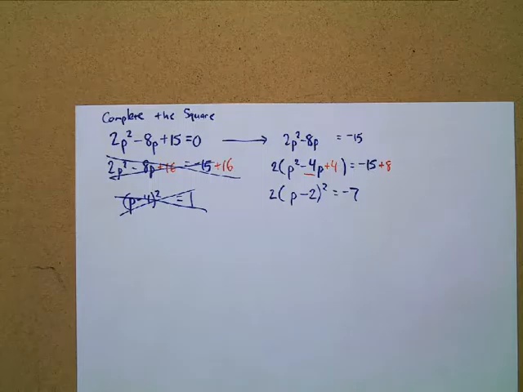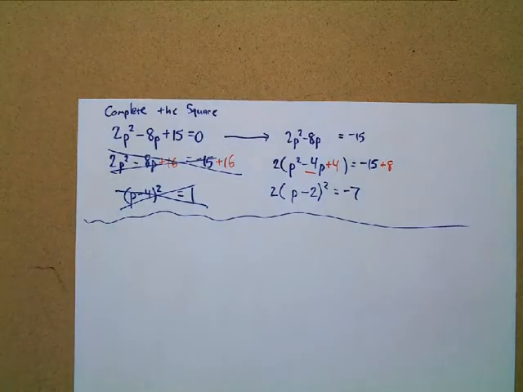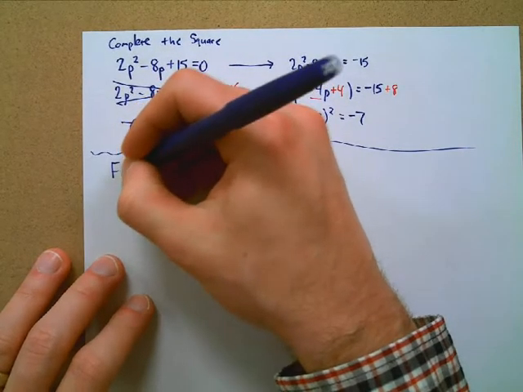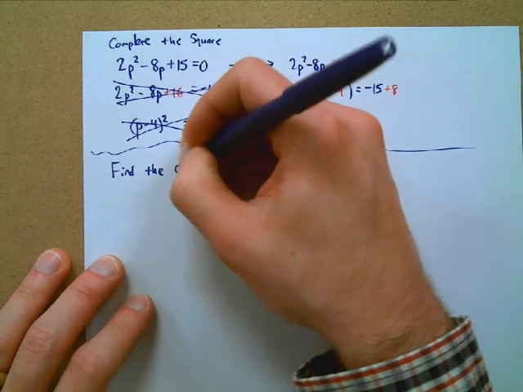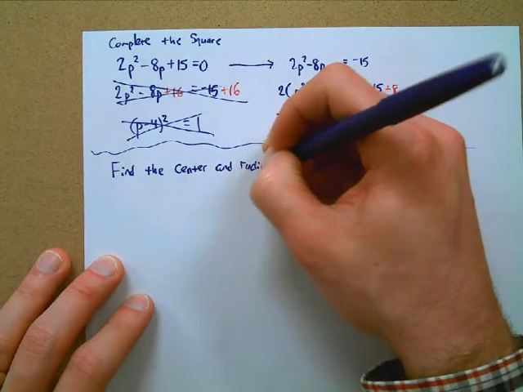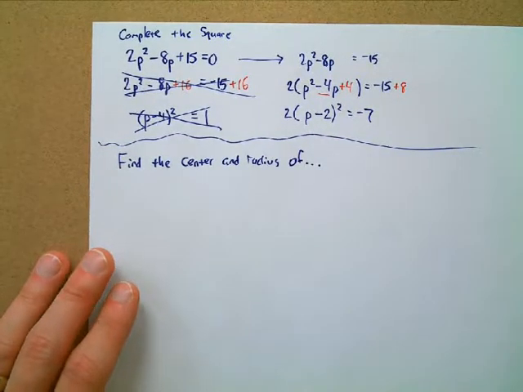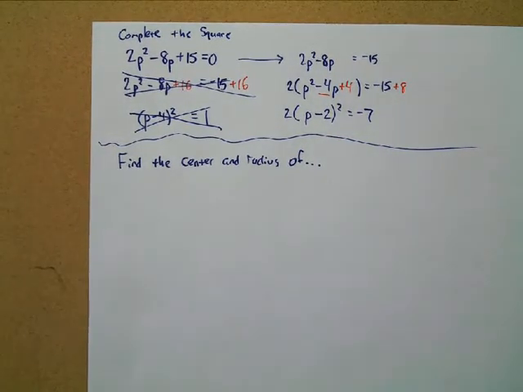Find the center and radius of x squared plus y squared plus 6x minus 10y plus 18 equals 0. Okay.